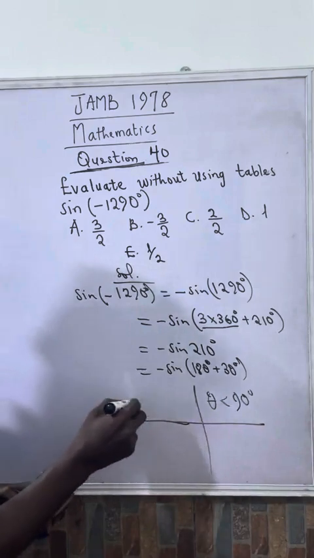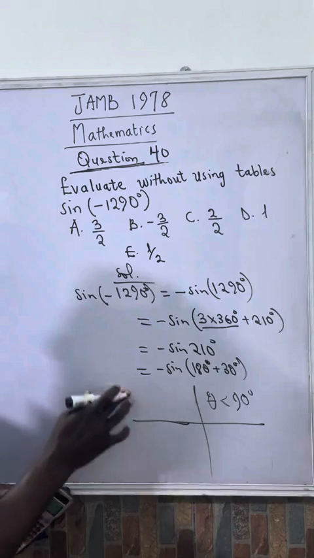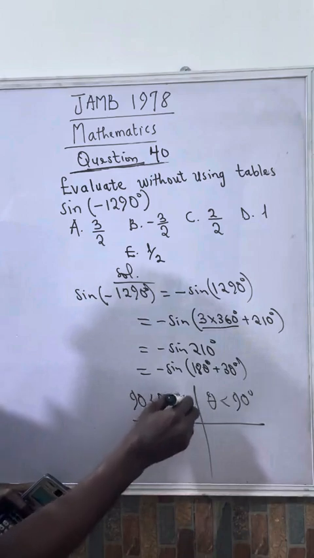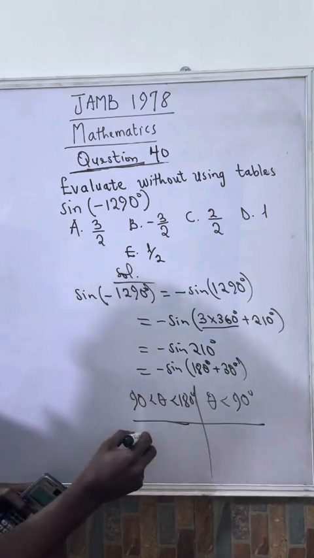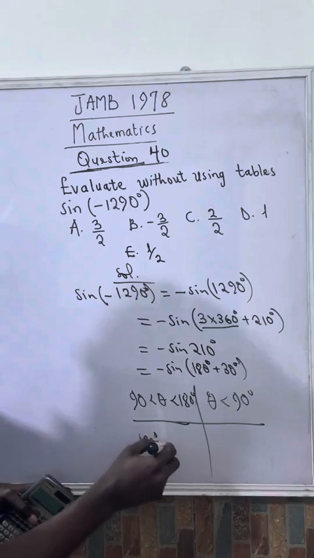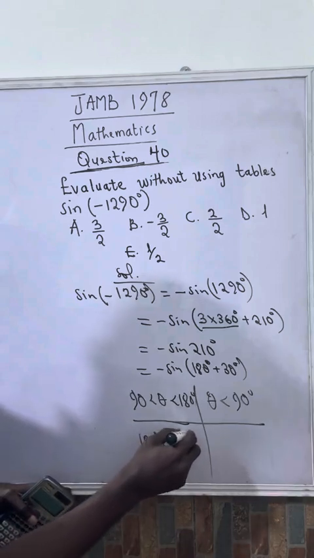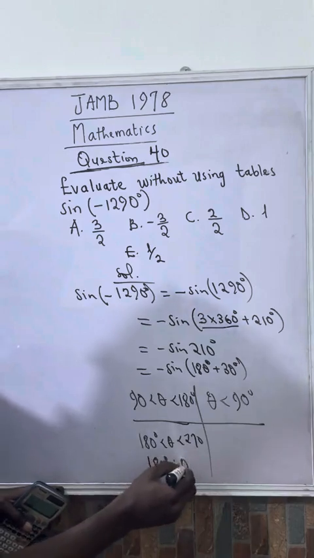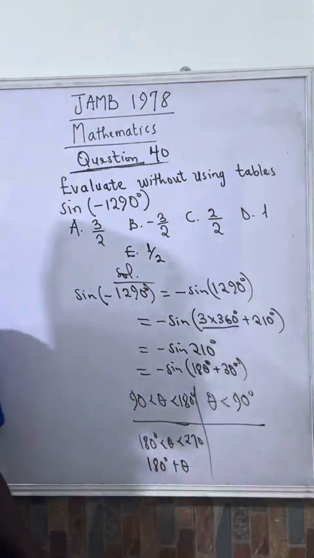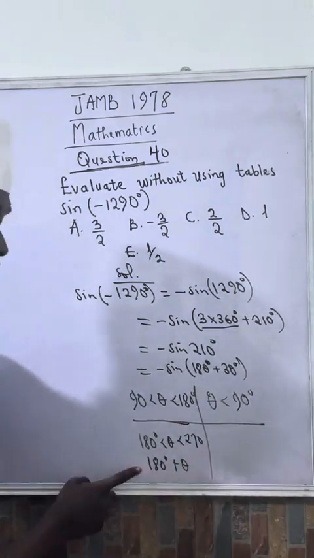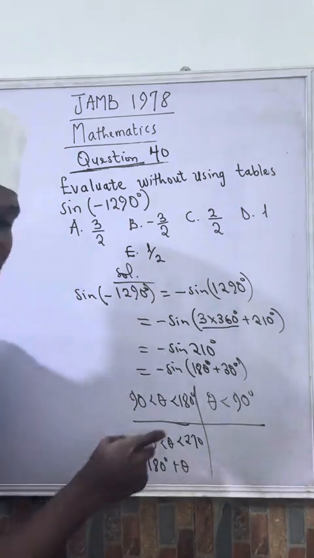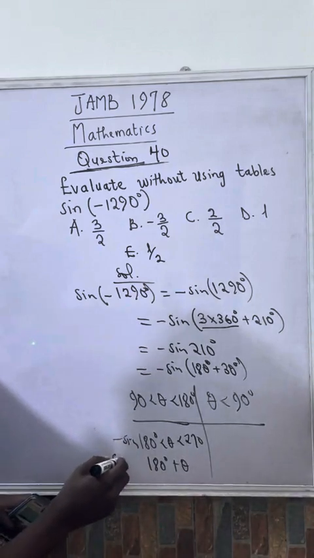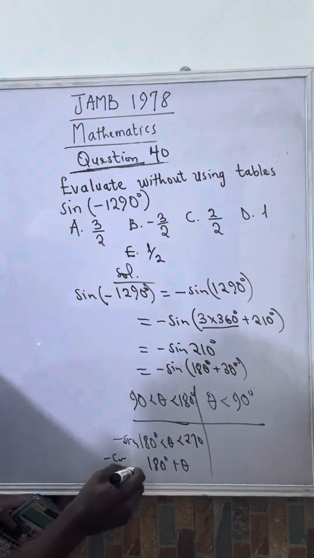In the second, theta is between 90 and 180 degree. Here, theta is between 180 and 270 degree, so whatever you have here is 180 degree plus theta. Over this quadrant, sine is negative, cosine is negative, and only tangent is positive. So we have negative sine theta, negative cos theta, and positive tan theta.